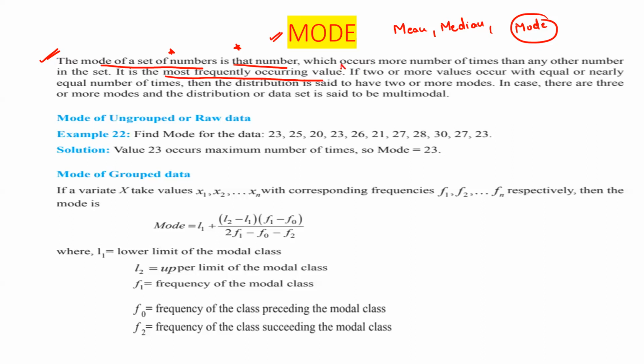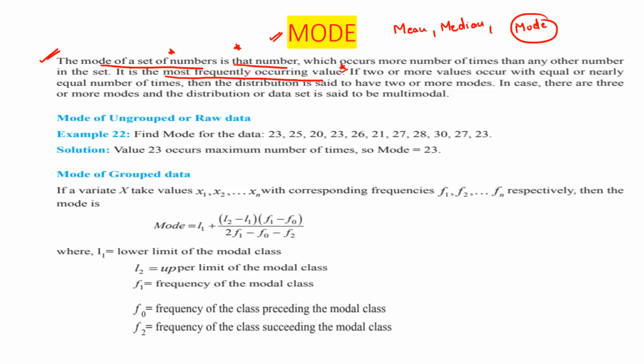If two or more values occur with equal or nearly equal number of times, then the distribution is said to have two or more modes. When two numbers occur an equal number of times, it is called bimodal, or if there are more, it is known as multimodal.